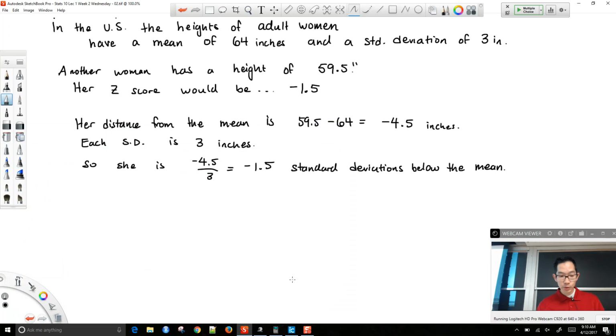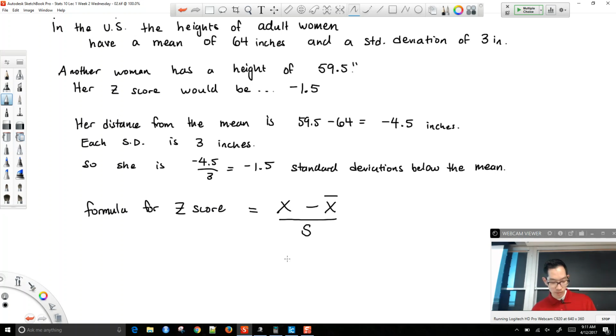Okay, and so the formula for the Z-score is going to be our measurement x minus x bar. This is basically our distance from the mean, and we divide that distance by s, the size of the standard deviation.